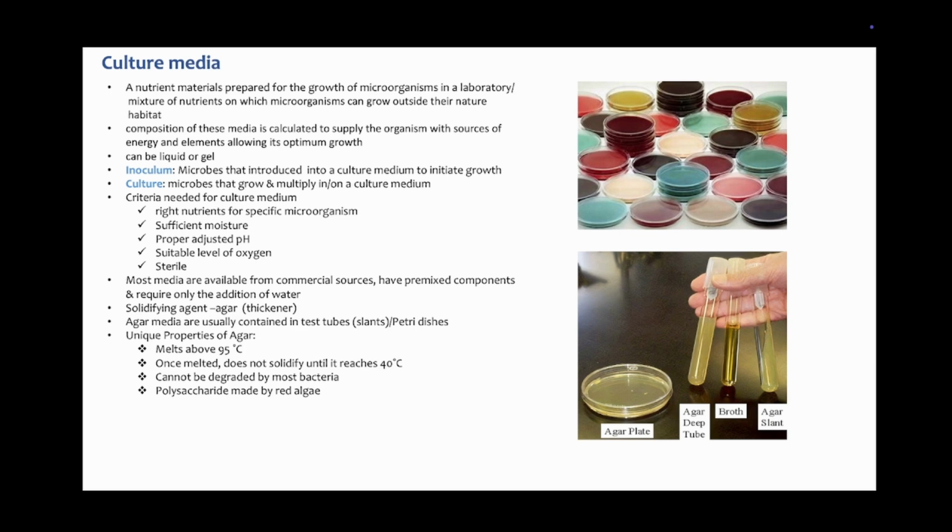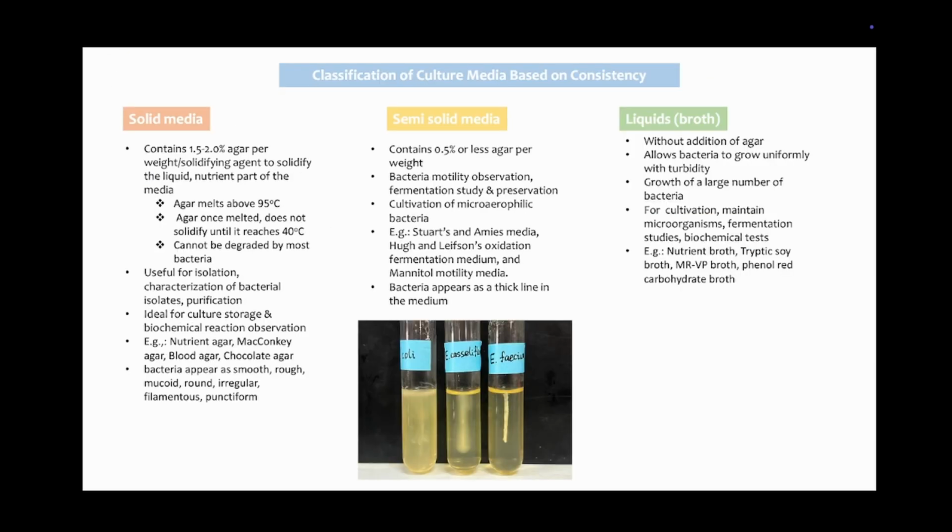Slants also do not last long. So here you see the solid media I've already mentioned, 1.5 to 2%, semi-solid 0.5%, and liquids. Most of the examples given here, nutrient broth, tryptic soy broth, MRVP broth, phenol red carbohydrate broth, are for your biochemical tests, which you will do later, not today.